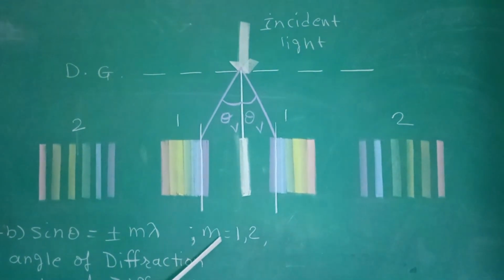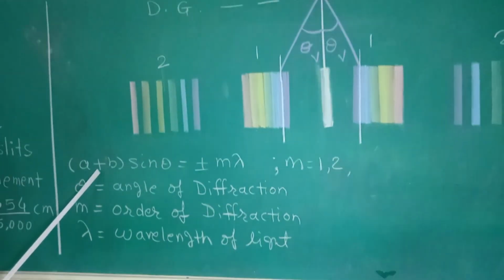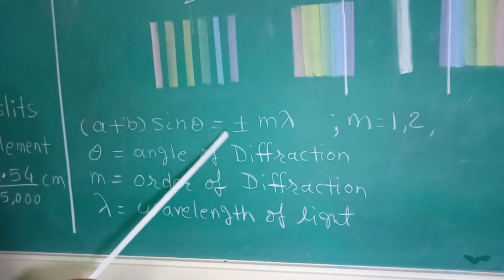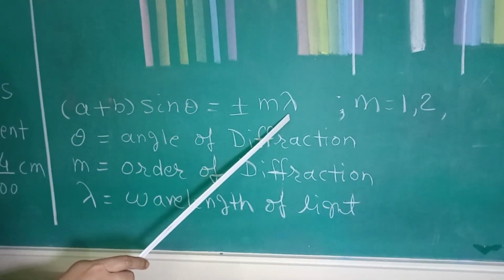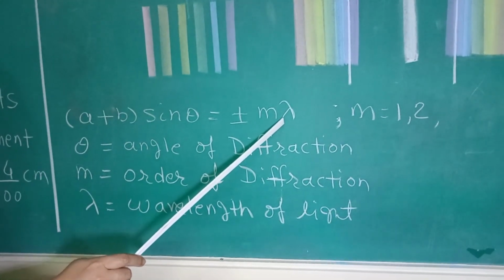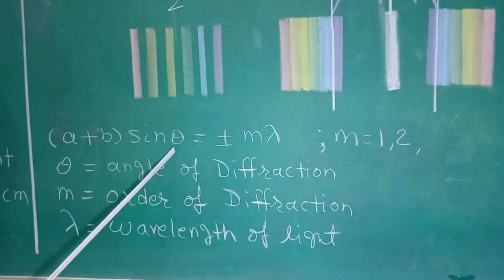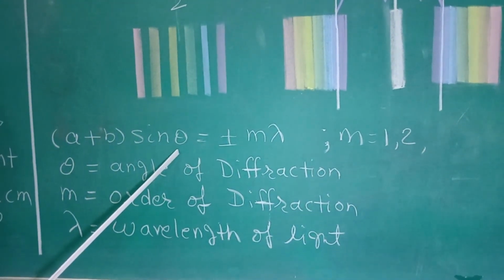When you substitute m equal to 1, this equation will become (A plus B) sin theta equal to plus or minus 1 lambda. So as lambda varies from violet color to red color, the angle of diffraction theta will also vary from violet color to red color.